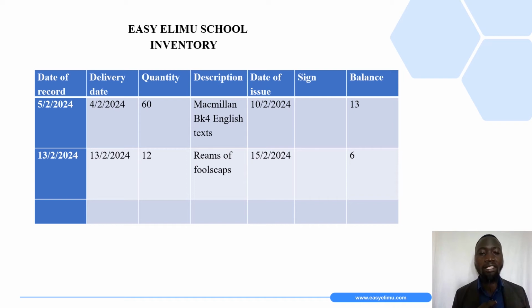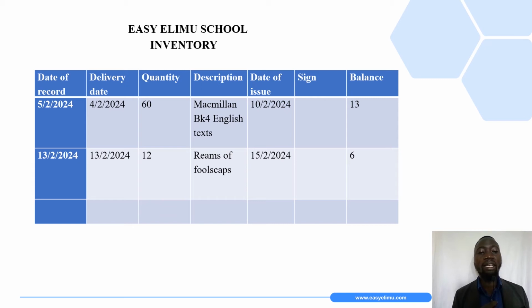So this is an example of an inventory that we have. It has the name of the institution followed by the title. The title is just inventory. So we have Easy Elimu School inventory. There are various columns there.